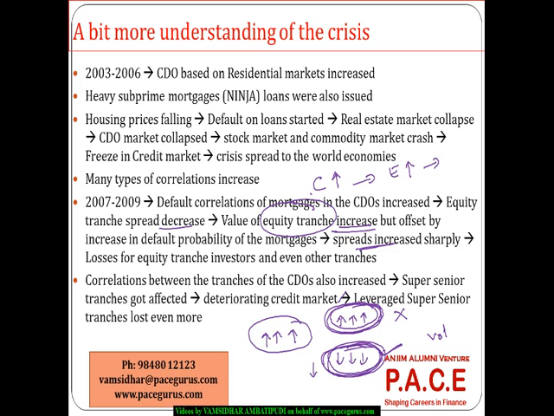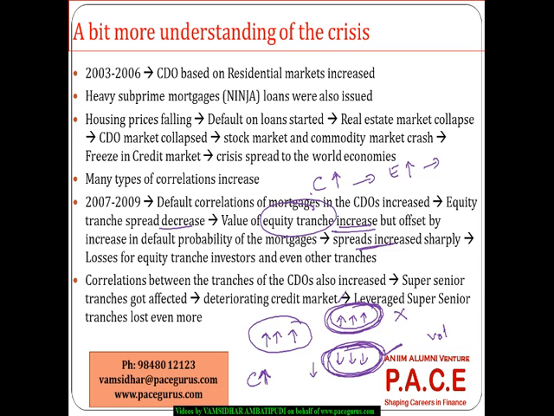But at the same time, with respect to the mezzanine tranche, what has happened? If the correlations have increased, logically, either all of them will default or none of them will default.